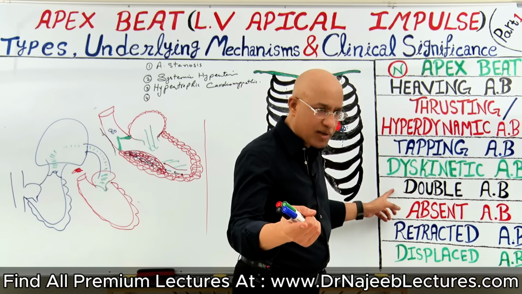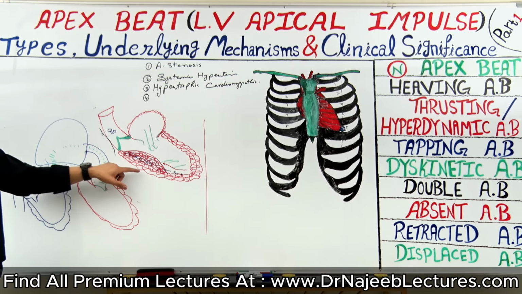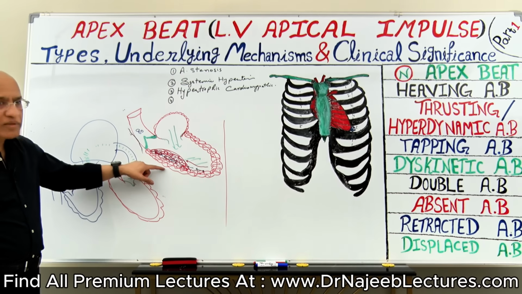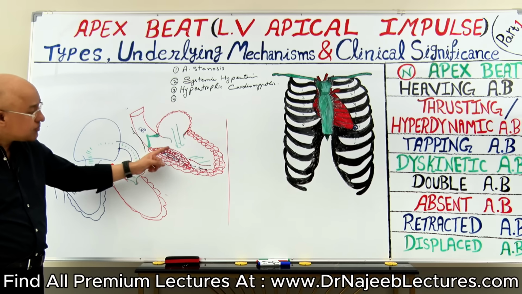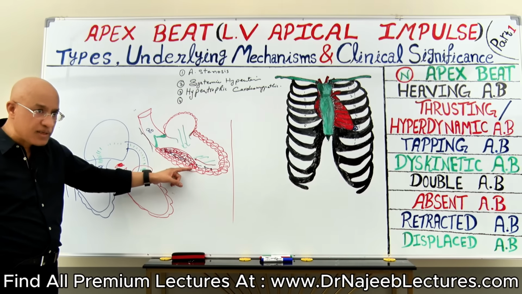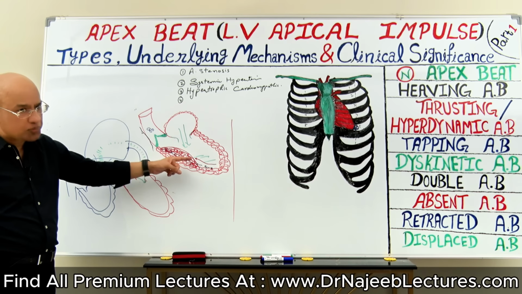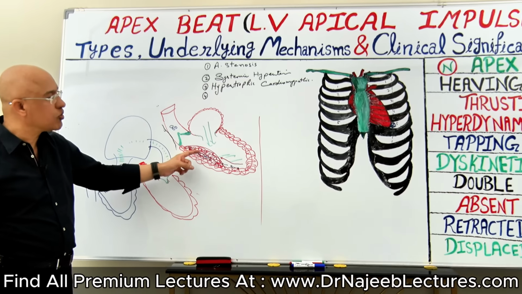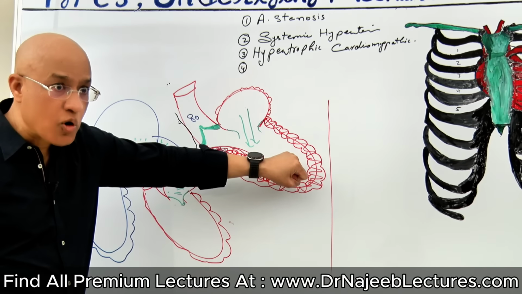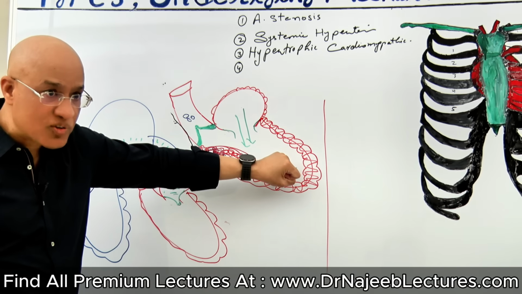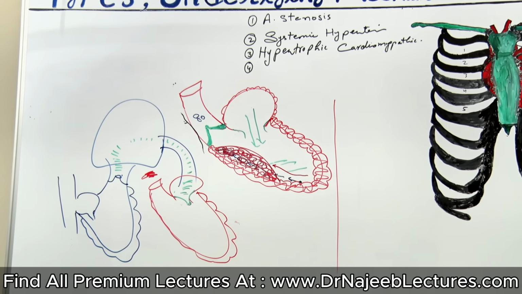But one thing I want to mention at this stage: if there is a patient with hypertrophic cardiomyopathy, especially if there is septal hypertrophy, that also produces left ventricular outflow obstruction. When it is forcing for a longer time and with more strength, it will produce a heaving effect in the apex beat area, right?